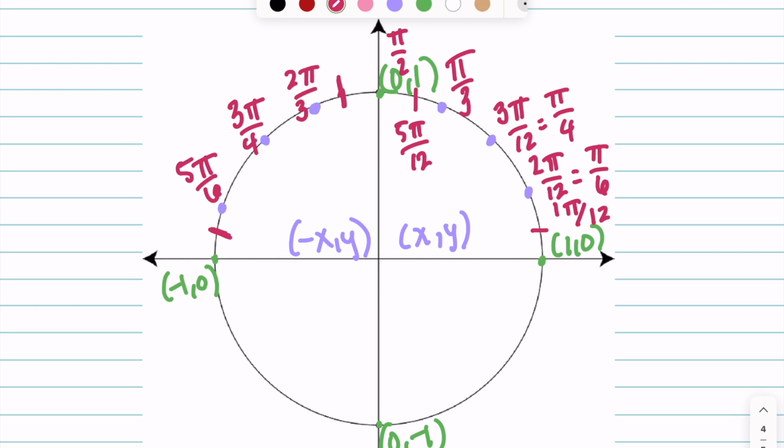Then that makes this point 12 pi over 12, reducing to pi, 1 pi. Right? And then you keep going around all the way until you get to 24 pi over 12, which is 2 pi. So then this is 0 and 2 pi.